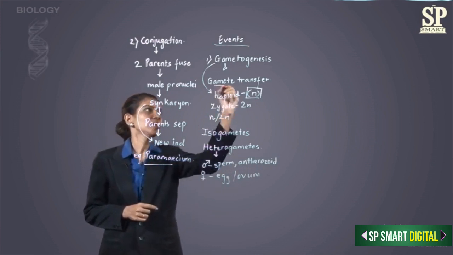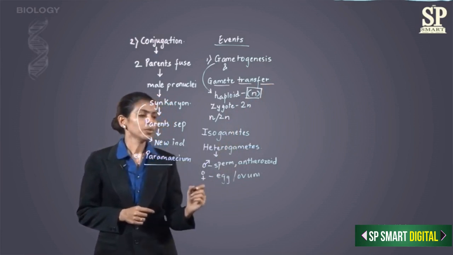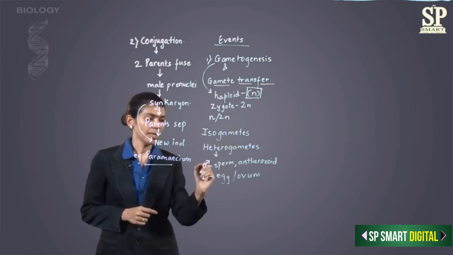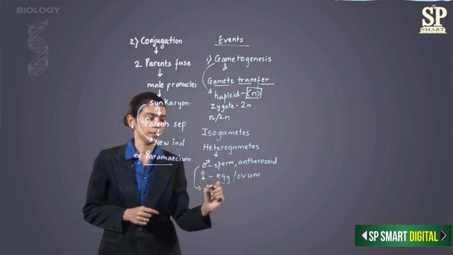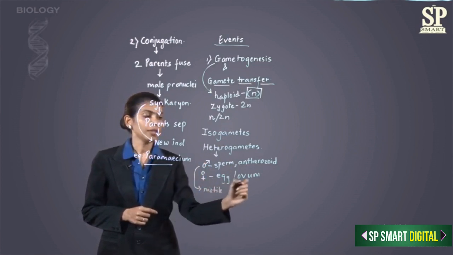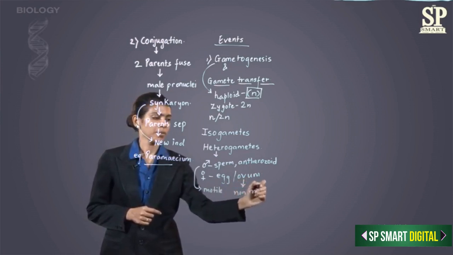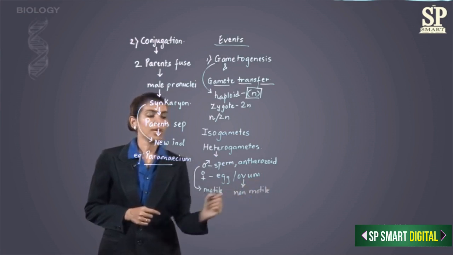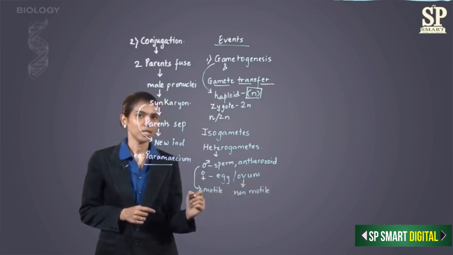Coming next to gamete transfer. Usually, the male gamete, the sperm or the antherozoid, is motile, and the female gamete is non-motile. For the male gamete to move and reach the female gamete, usually a medium of transfer is required.